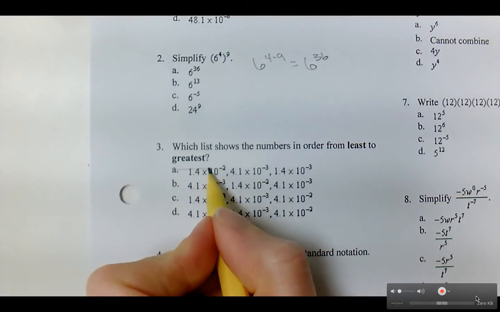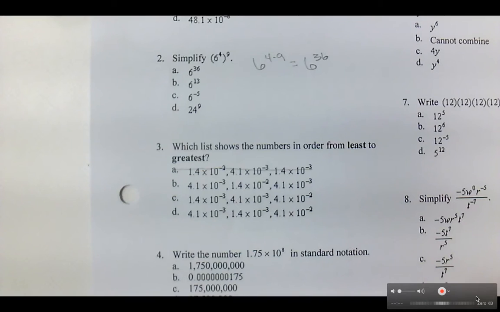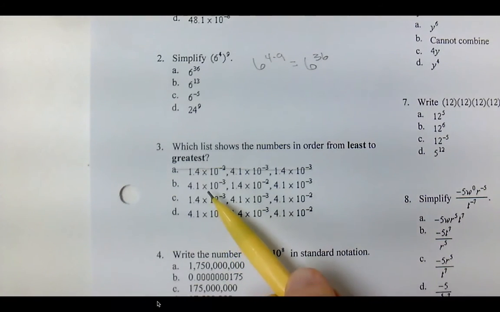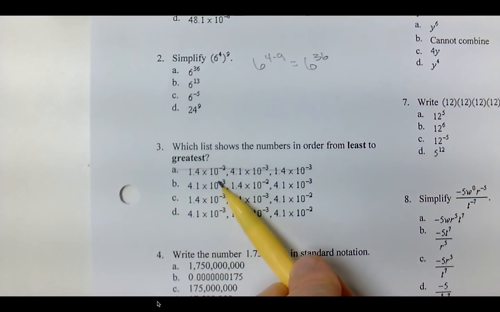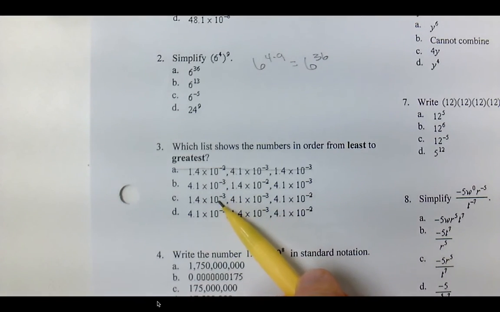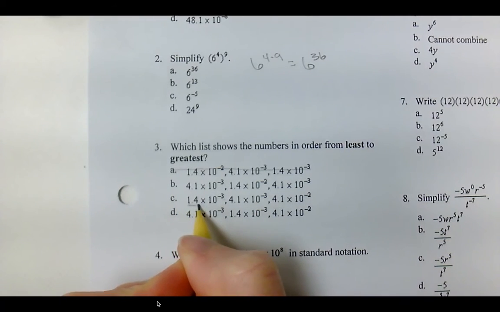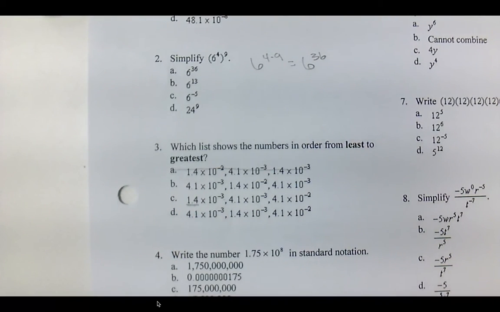So automatically I know it's not that one. And then I'm going to look at my numbers here. And they all have the same exponent. And so the number that is the smallest would be the smallest number.